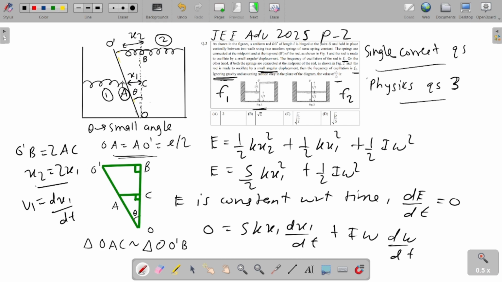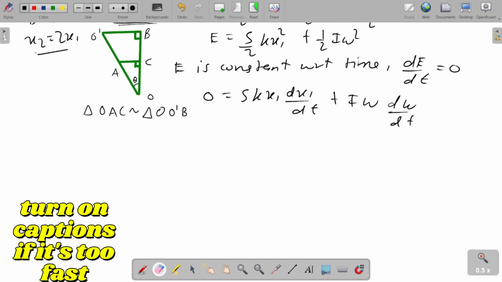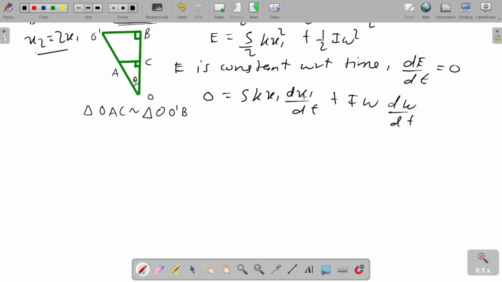It is the velocity of this point A. Therefore, dx1 by dt is equal to v1. Then we know that d omega by dt is angular acceleration alpha, well known. So 0 is equal to 5 kx1 v1 plus I omega alpha.